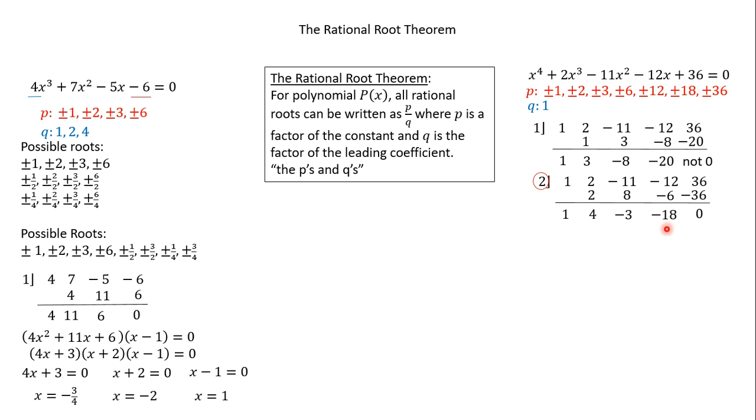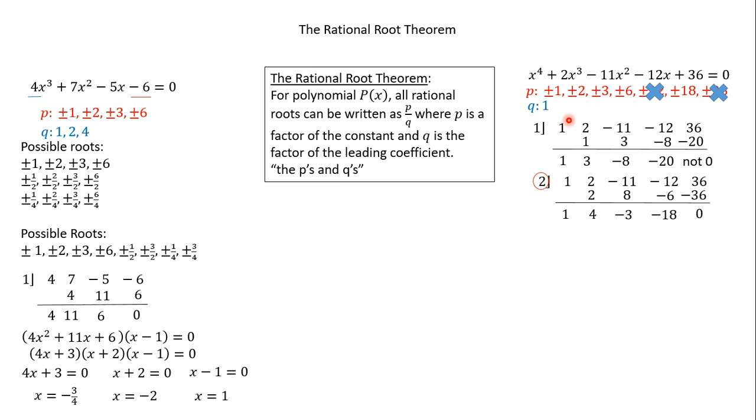It's 18. If I look up at my possible numbers, see, 1 still works, 2 still works, 3 still works, 6 still works. 12 is not a factor of 18, and neither is 36. So I don't need to use those. So we have those.